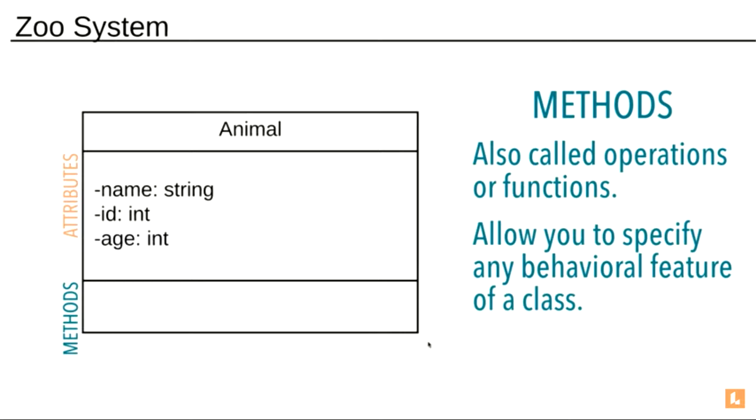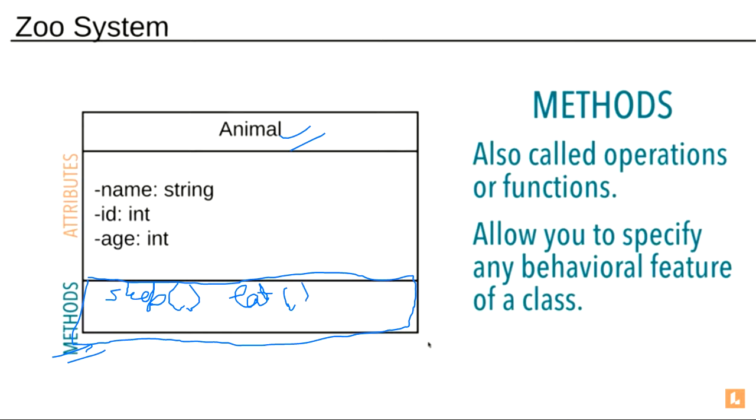This box or partition of a class diagram is for the methods or functions, like how in a normal class you write functions. Suppose in the animal class I want to write a function sleep, that the animal is going to sleep. That will be a function. Suppose the animals eat, so I will write the function eat.